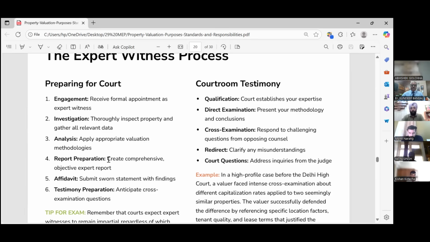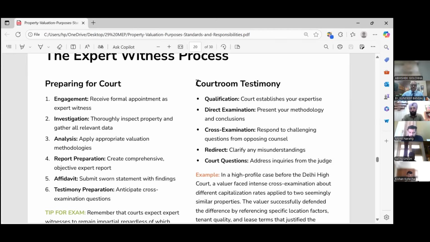The petitioner is the one who has filed the case, and the defendant is the one against whom the case has been filed. So either of them may approach you as an expert witness. So that is how you have to prepare for the court, how the process is done.